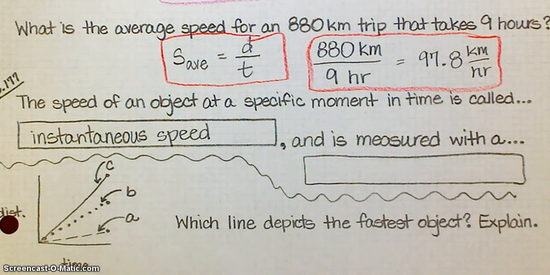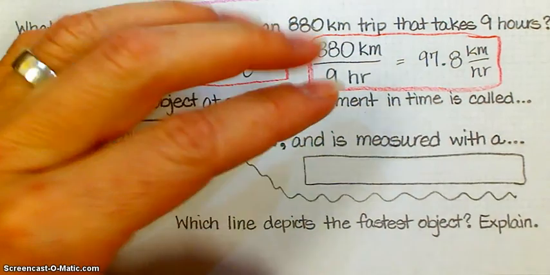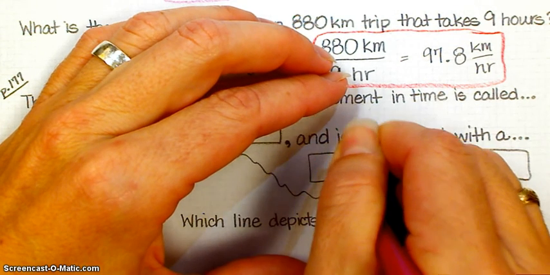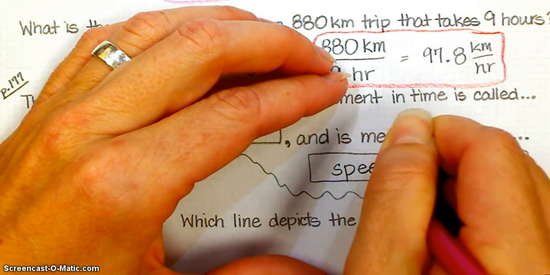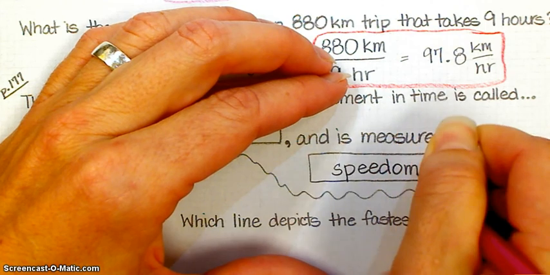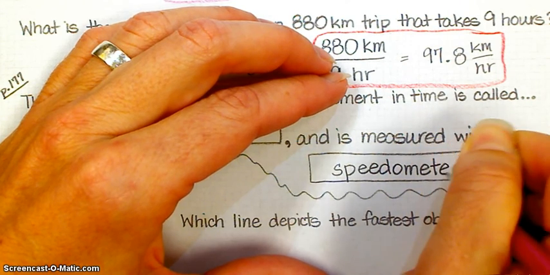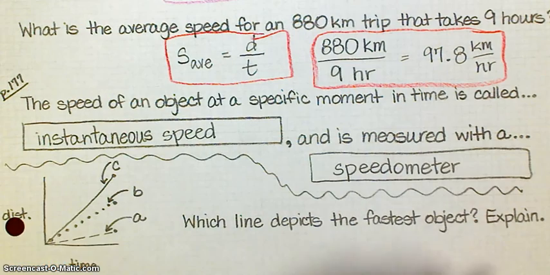Okay, and if you were in your car, what would be measuring instantaneous speed? Like your speed right at that moment? Speedometer. A speedometer. There. All right, is everybody good?